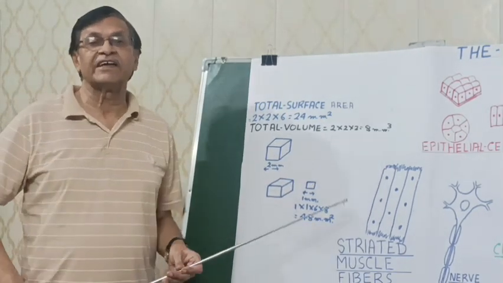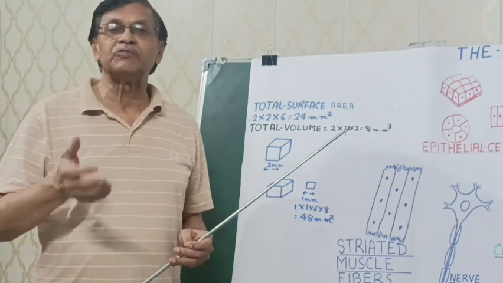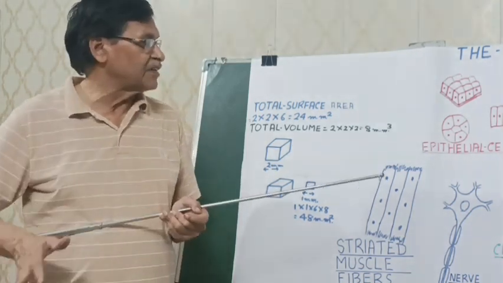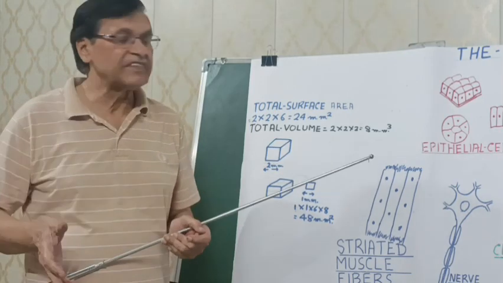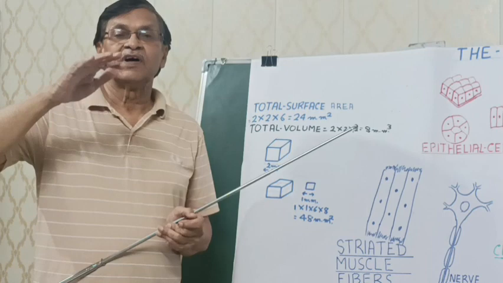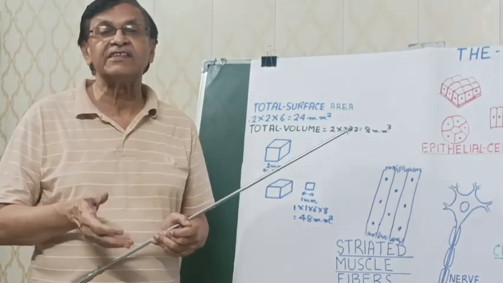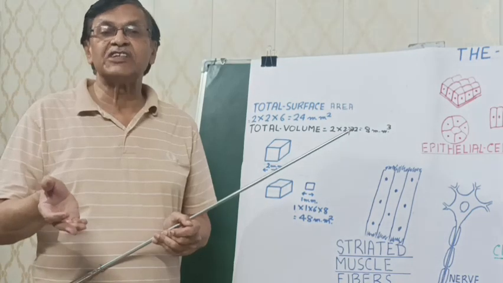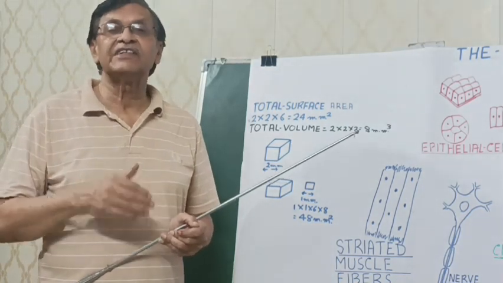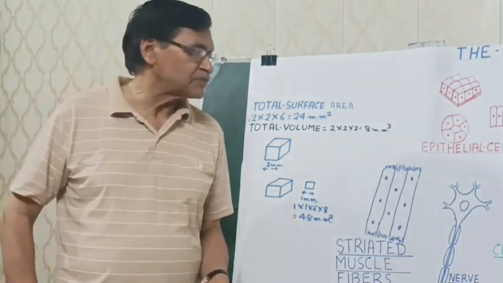So this shows that as we reach smaller and smaller cell size, the surface area increases, and that surface area provides a surface for entry of necessary nutrients into the cell, exit of waste products, entry of oxygen, exit of carbon dioxide, so it is much more beneficial.